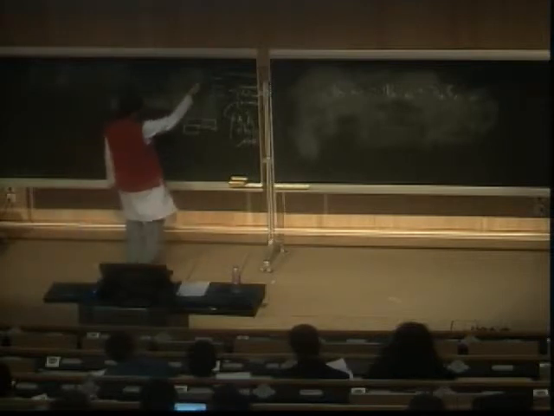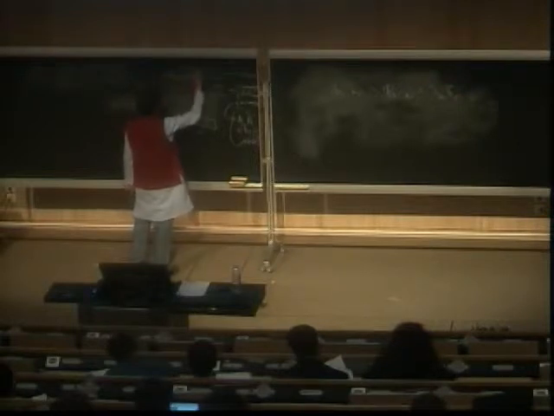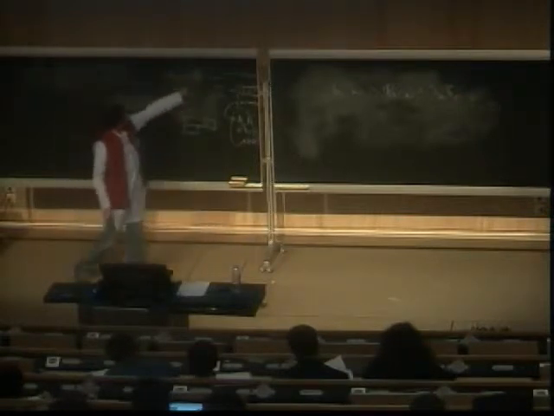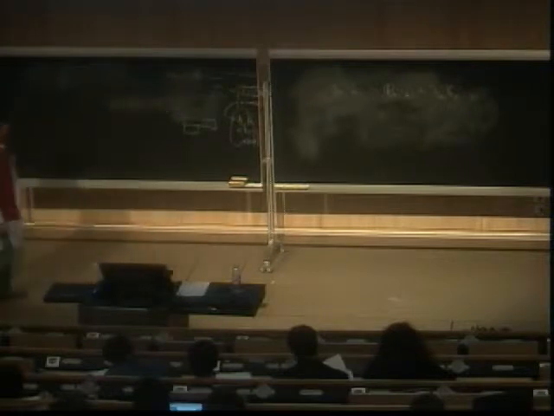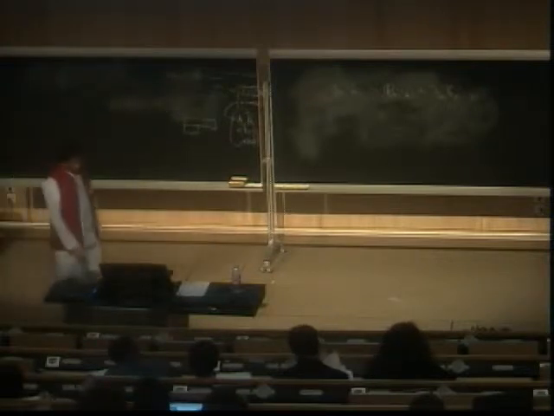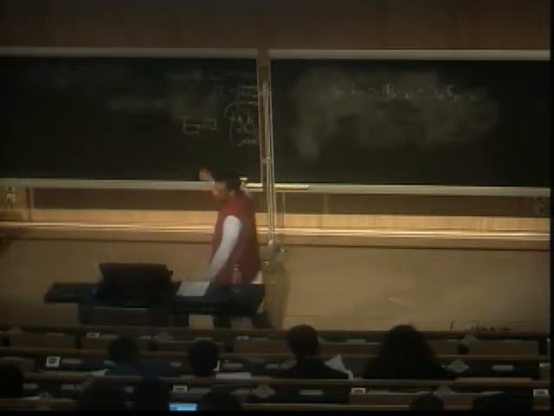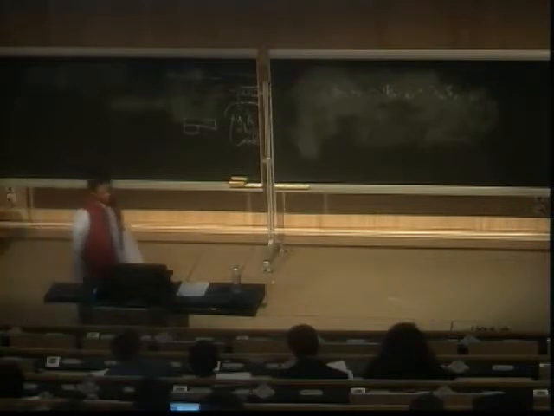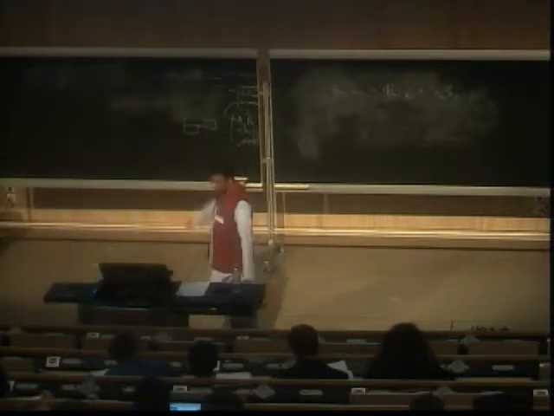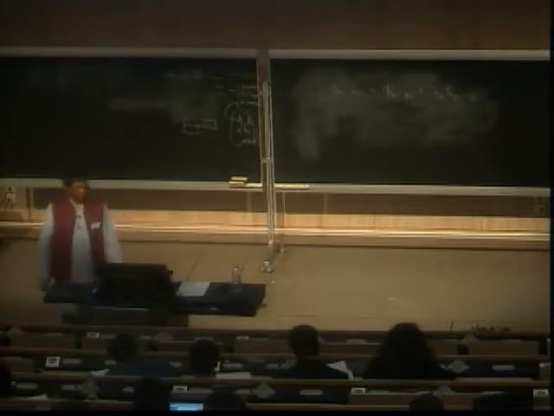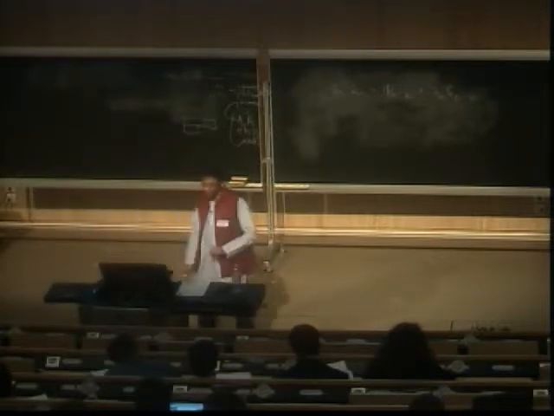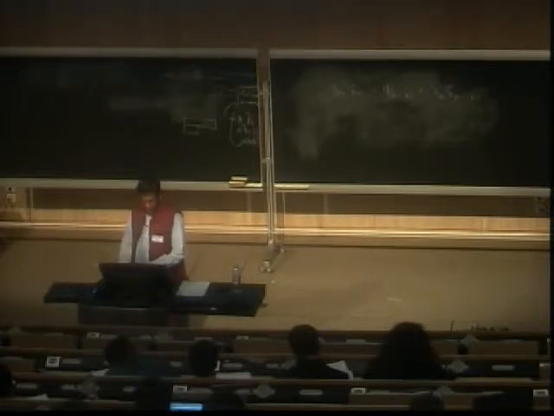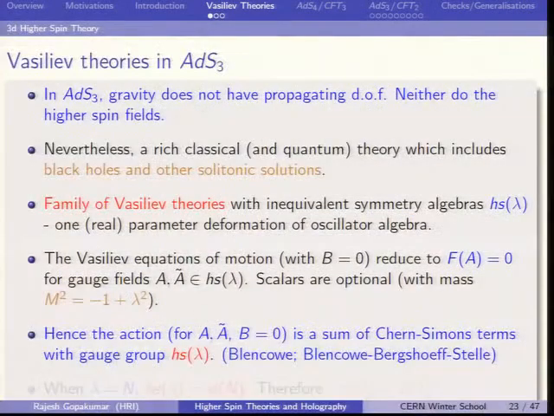In particular, the scalar that's present has a fixed mass, which is determined by lambda and takes this form, and for lambda greater than 0, you see that this is above the Breitenlohner-Freedman bound, which is minus 1 in this case for AdS3. So the scalar has this particular mass.